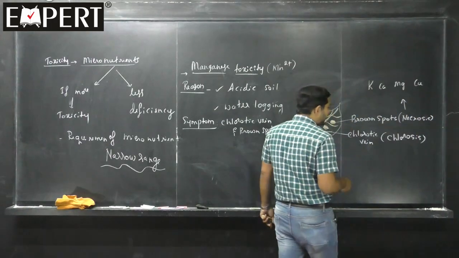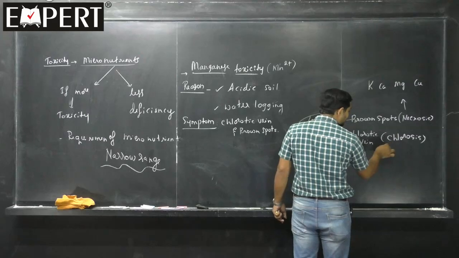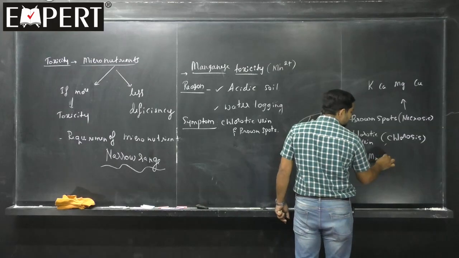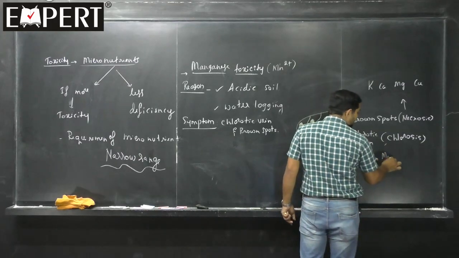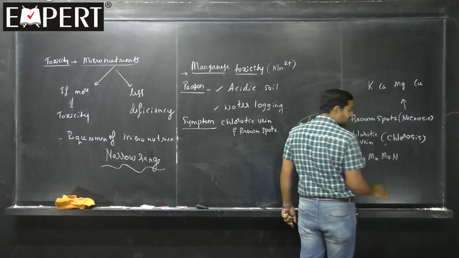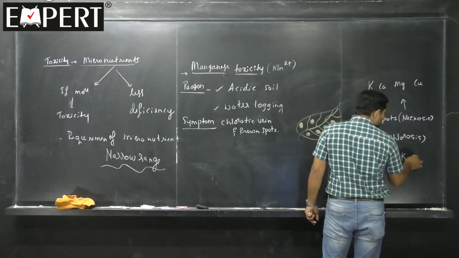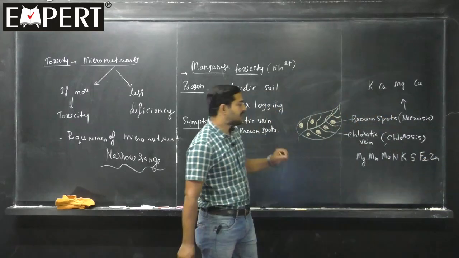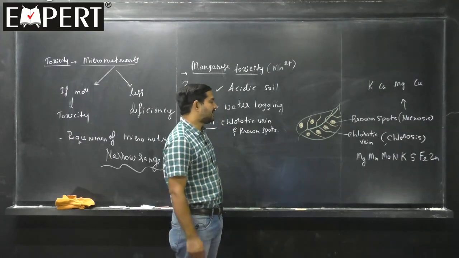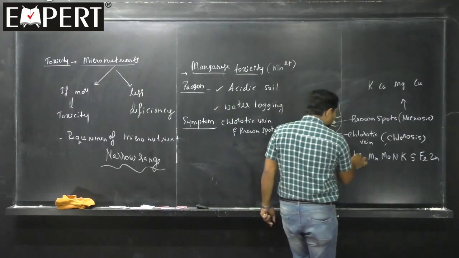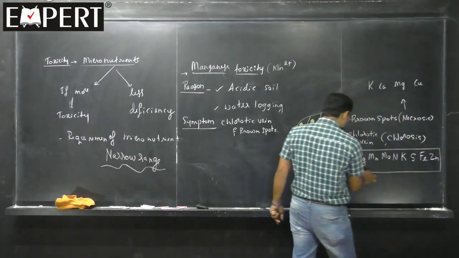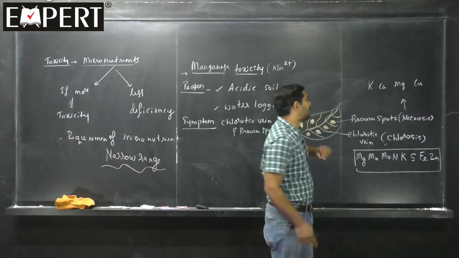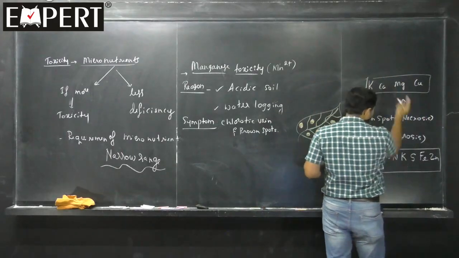And if I come to chlorosis, it is the M square: magnesium, manganese, monks: molybdenum, nitrogen, potassium, sulfur, and Fez: iron, zinc. So we remember M square monks Fez as a way of remembering. If these are less, the deficiency leads to chlorosis, and the other group leads to necrosis. We will relate these later.